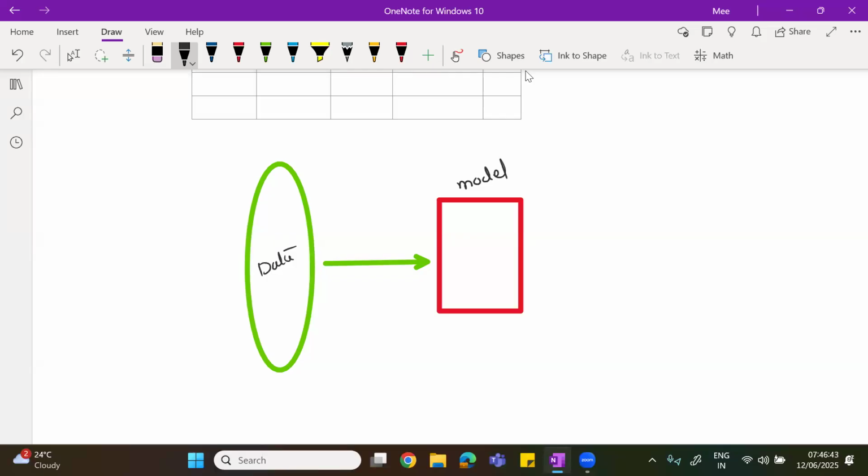Very large data means I'm getting the data which is available over the internet, the complete data over the internet. You can't even imagine how big it will be. Whatever data is there over the internet, you get it and give it to your model. Of course, your model has to be a very high-end model with very high-end RAM and processing. Maybe we have multiple systems combined together and we give the data.